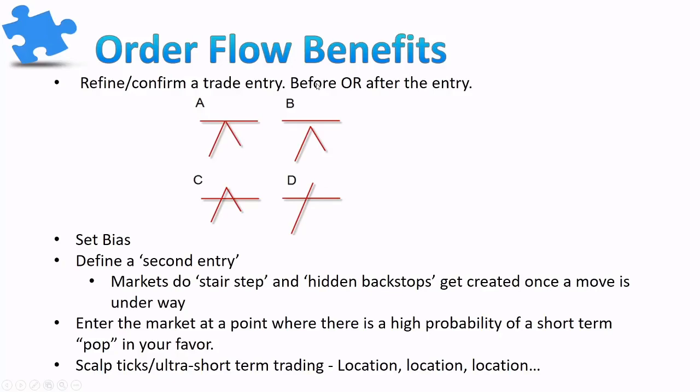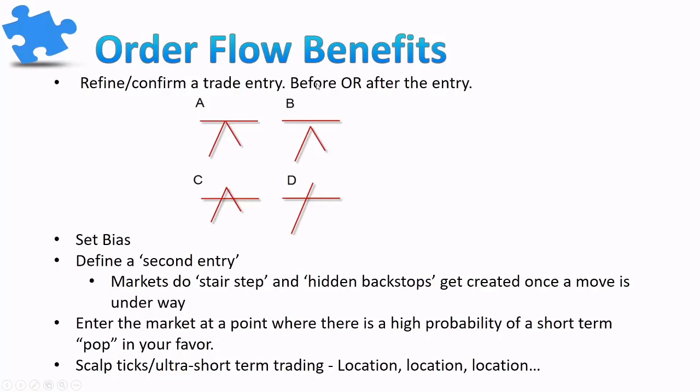You could scale into a trade so that as the trade moves your way, you add to your position size. That's good, especially in a volatile market where you've got lots of room. But both those things are ways to accept a lack of precision on your entry price. But you don't need to accept that lack of precision. You can be more precise.